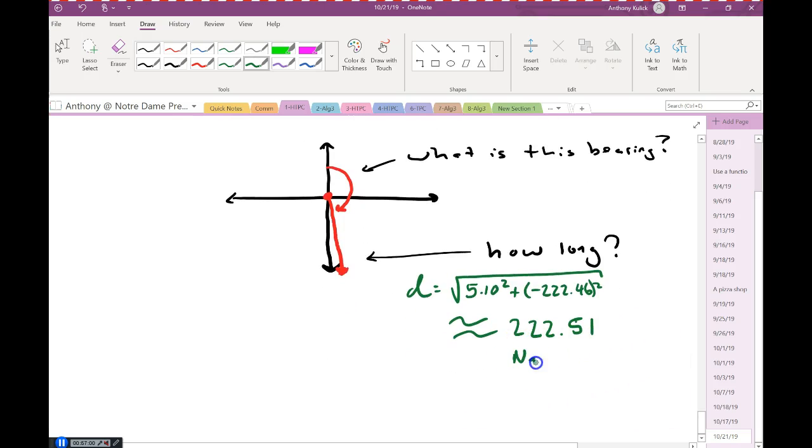And really, I guess, knots is a ratio, like it's nautical miles per hour. When we said 80 knots before, it really meant 80 nautical miles. So the answer here is in nautical miles.